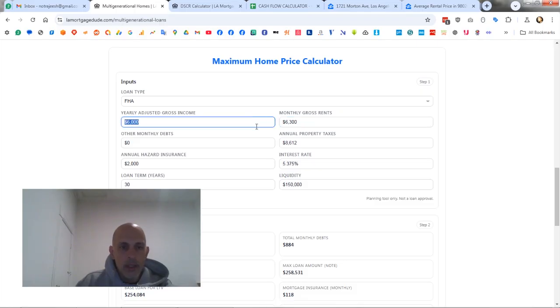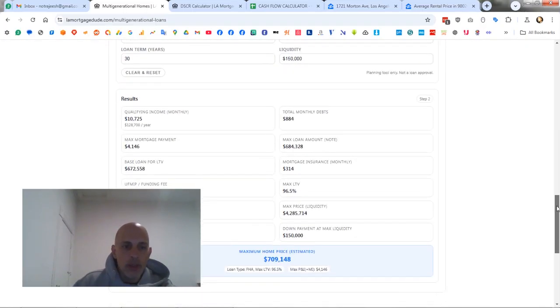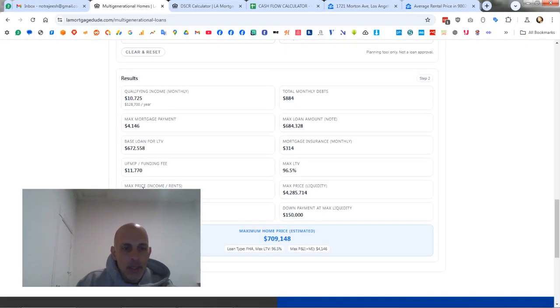Oh, this is yearly adjusted gross income. So I put 6,000. Let's say here 72,000, right? Now all of a sudden our max purchase price is $709. So our max mortgage payment is $4,146 because our total qualifying income is $10,725.